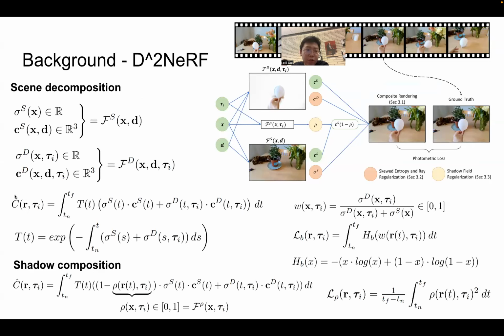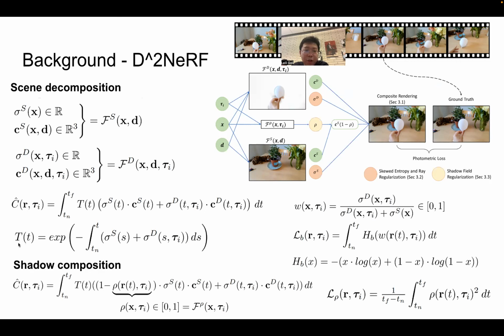To calculate the color, currently for each point you have two properties: one is the static property, another is the dynamic property. You need to combine these two properties together, so you weight the color based on its density. This is how they get the color for each point.